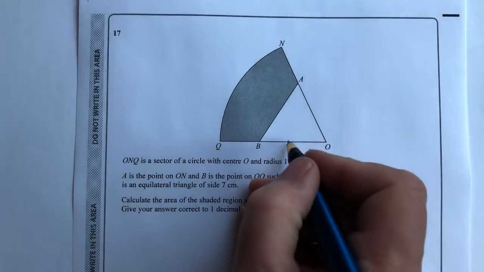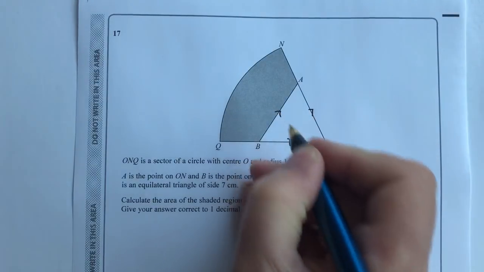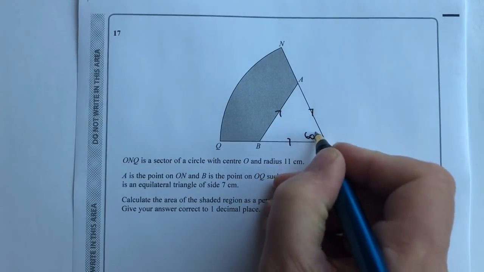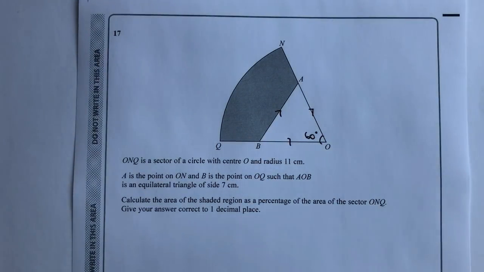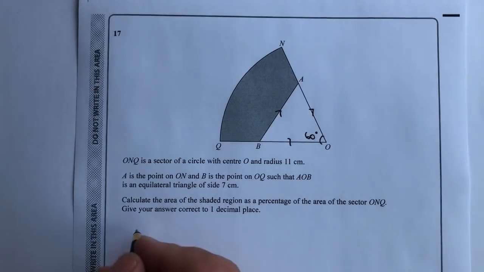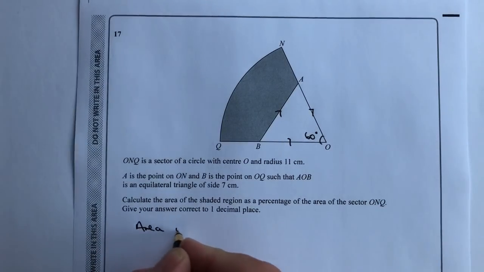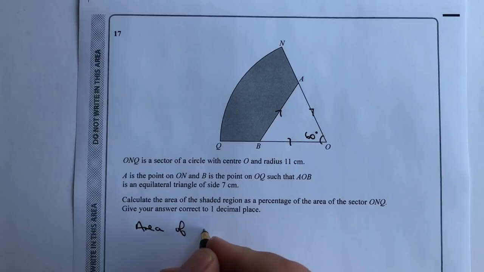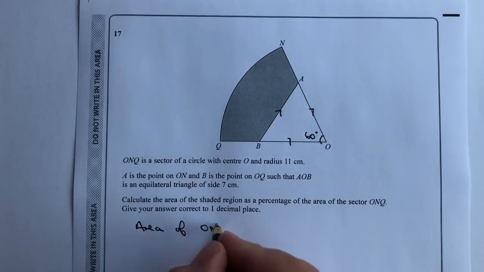So what we're saying is this is 7, this is 7, this is 7, and this is actually 60 degrees, okay, because the internal angles of an equilateral triangle are 60 degrees, and we can use that to actually work out the whole area of, well, we'll call it ONQ.